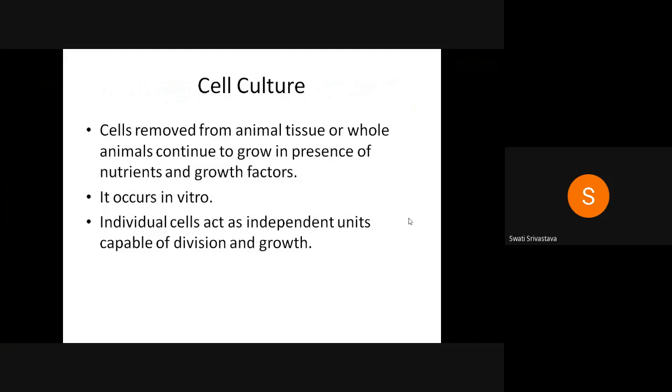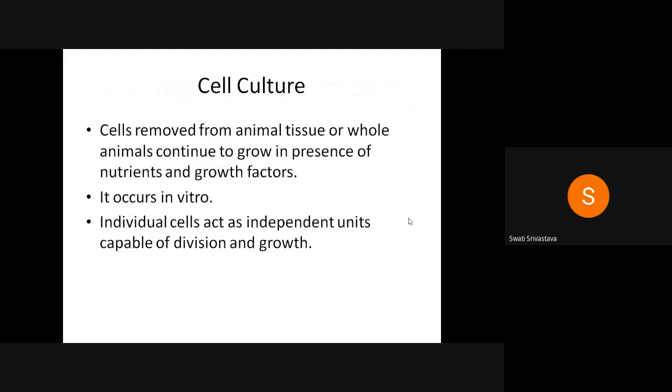Now, these individual cells, they act as independent units. Just like you have bacteria, yeast, algae, fungi, or other small microorganisms, they all have independent living. They work as individuals. The whole body system is within a single cell.